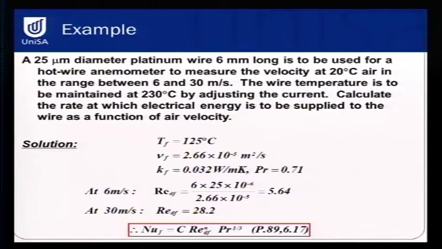At 6 meters a second, we have a Reynolds number of 5.64, and at 30 meters a second we have a Reynolds number of 28.2, and in both cases we can find the value of C and N from the table that we saw earlier.